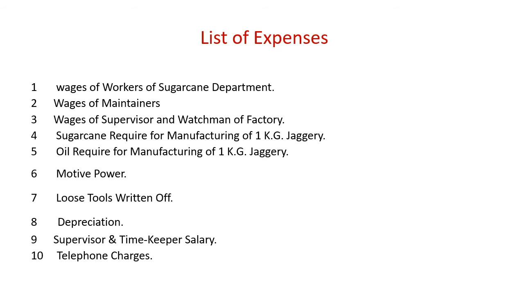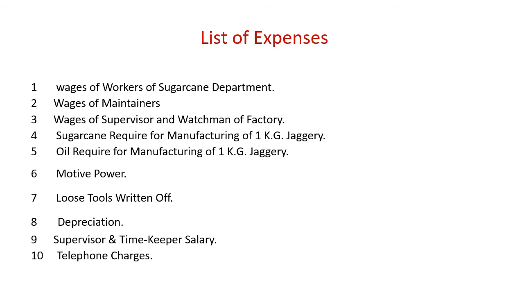Add in factory overhead. Next, loose tools written off. It is used in the factory, hence it is factory overhead. Add in factory cost. Next, depreciation. Depreciation on machinery used in the factory is indirect cost and it is factory overhead.